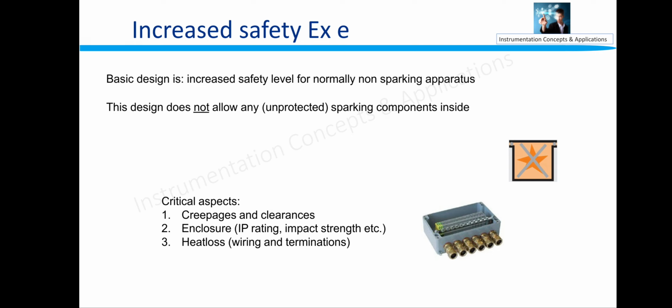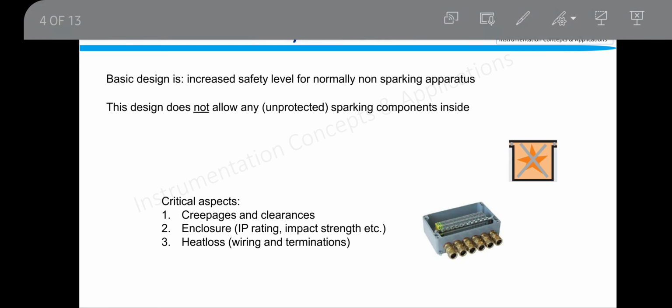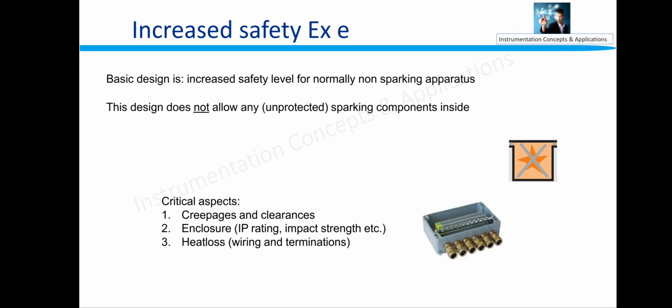Fine. So next, increased safety, Ex e. This is denoted as Ex e, and the basic design is an increased safety level for normally non-sparking apparatus. This design does not allow any unprotected sparking component inside. What is the difference between flameproof and increased safety?